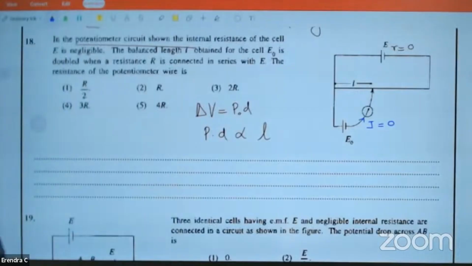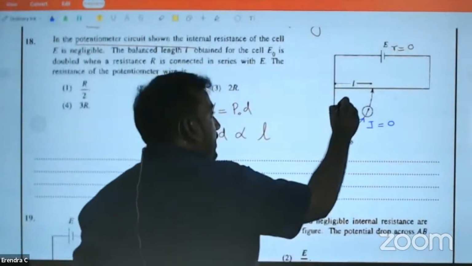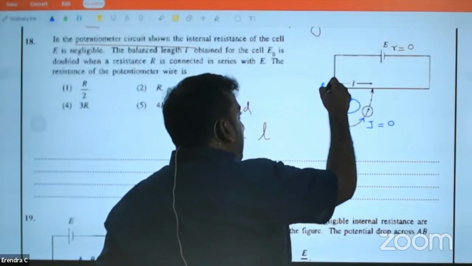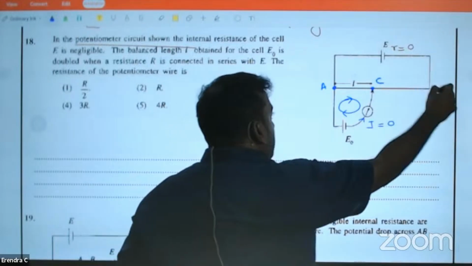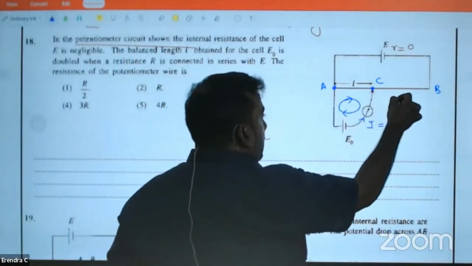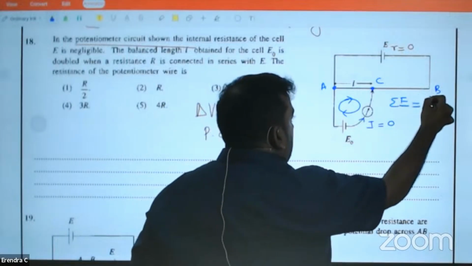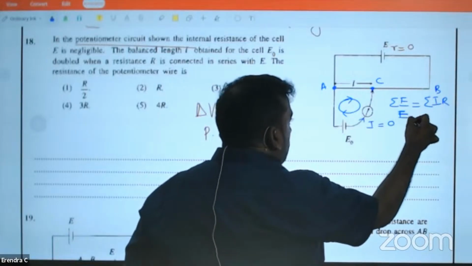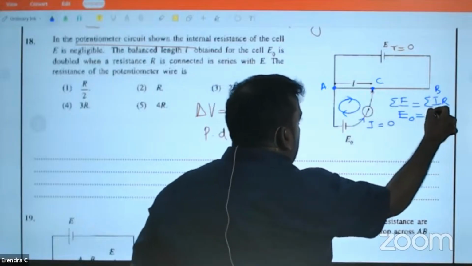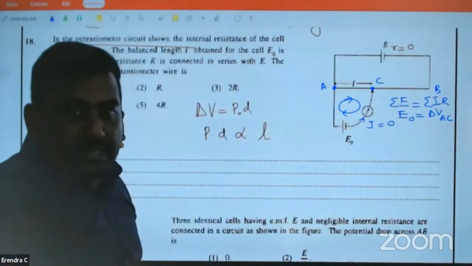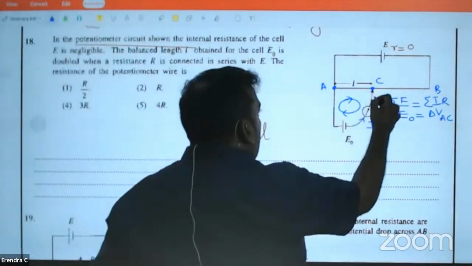So no current means even if you apply Kirchhoff's law here, if I name this A, this C, and let that be B, the sum of EMFs equals the sum of potential differences, which is equal to the potential difference across AC. Remember, there is no current going here.